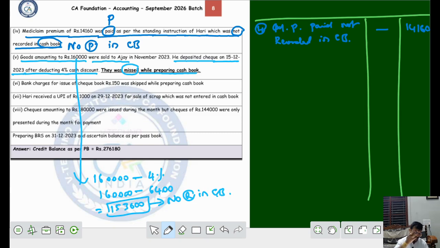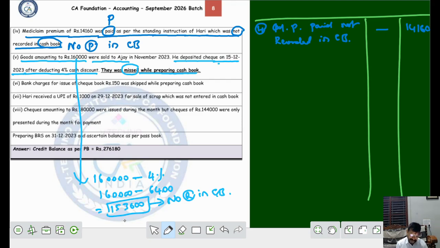Did you understand what they are telling? Goods amounting to 1,60,000 sold to Ajay. You have sold goods to Ajay. When you sold goods to Ajay, it is a receipt. Then after selling, what did Ajay do? He deposited a check after deducting the 4%, meaning he deducted 6,400.